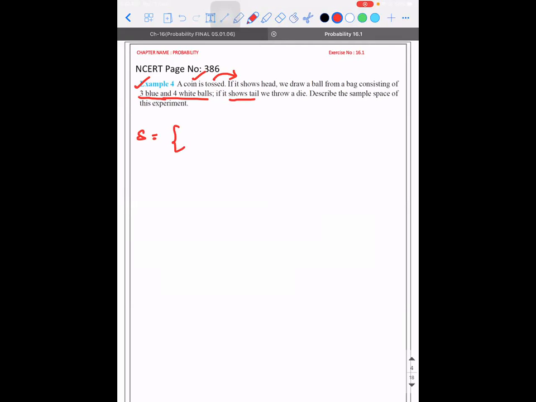So there are 3 blue balls. What are all the objects he has in his hand? A coin, which consists of a head and a tail. Blue balls, let's say there are numbers on them. Let me call them B1, B2, B3.